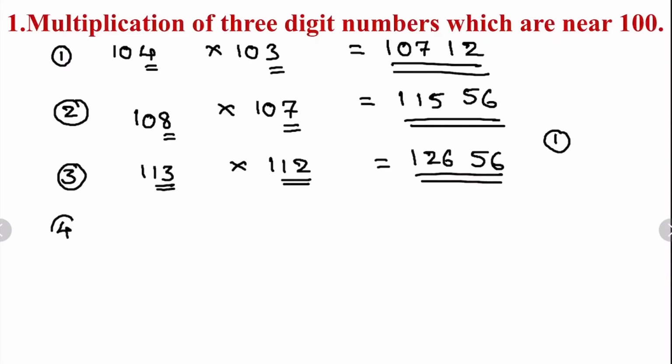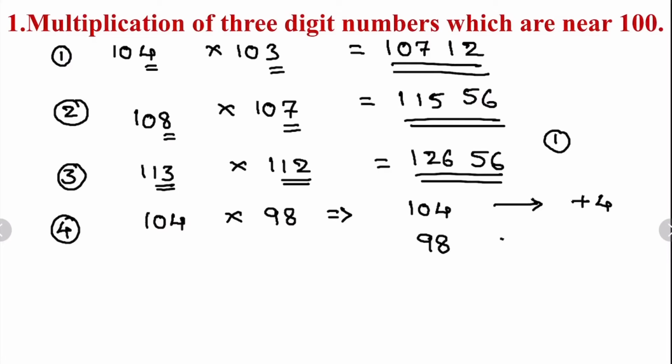Fourth example, we will take one value more than 100, another value less than 100. For example, 104 into 98. 104, how much more than 100? Plus 4. 98, how much less than 100? Minus 2. So plus into minus, minus 4 into 2, 8.